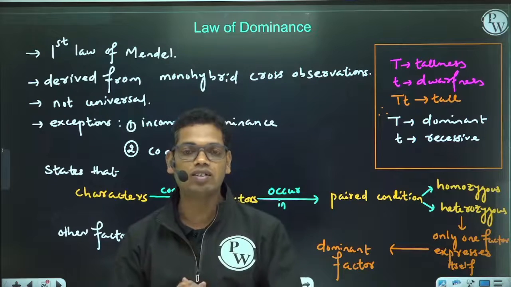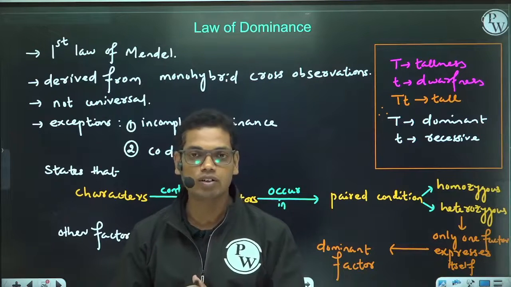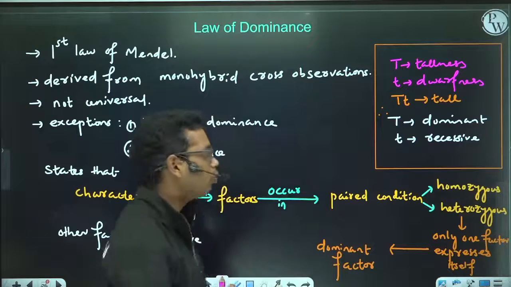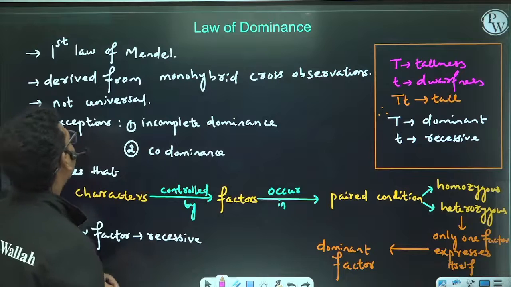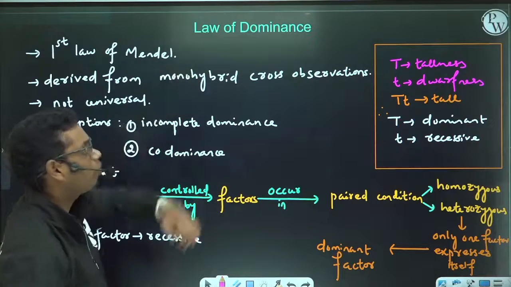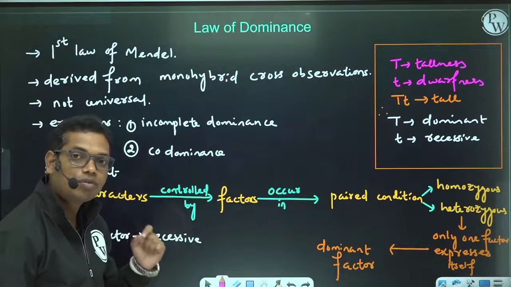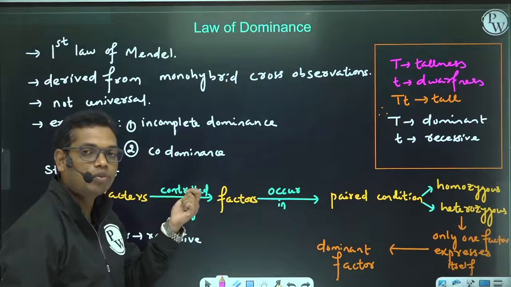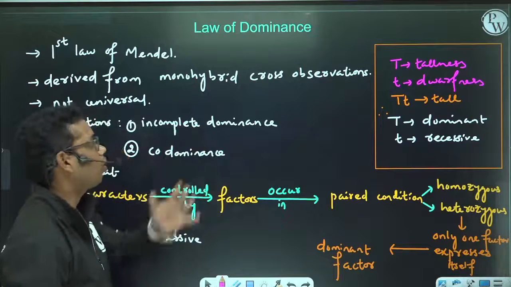So what does this law of dominance, or the first law of Mendel, say? Before that, let me repeat one point: this first law of Mendel, the law of dominance, was observed from the results of the monohybrid cross.